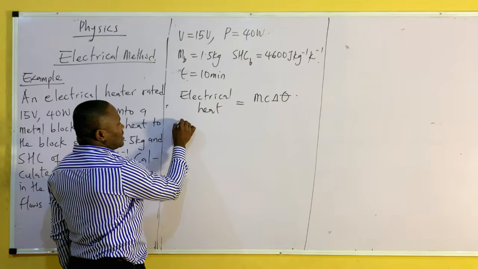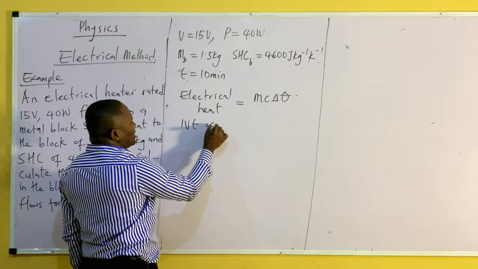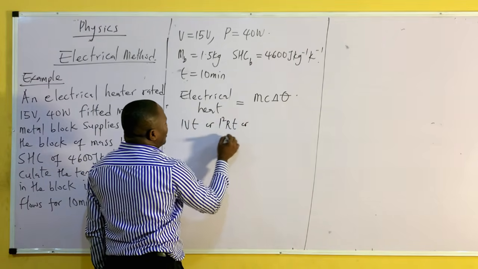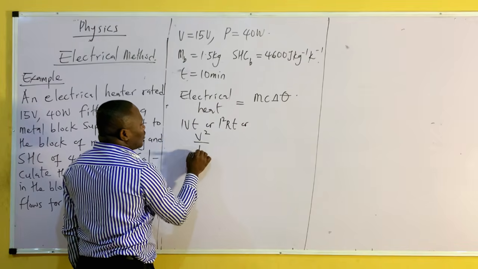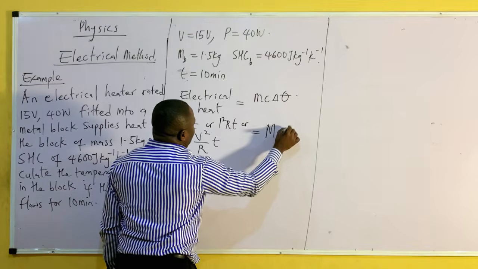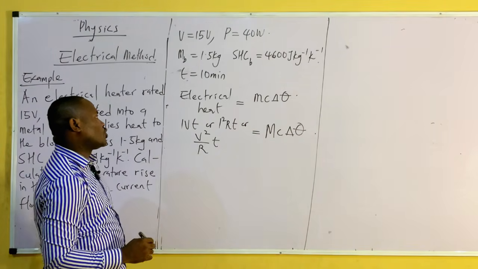Now remember I told you it is either IVt, or I squared Rt, or V squared over R t. Everything is equal to MC change in theta. So of these three, which of them is suitable?